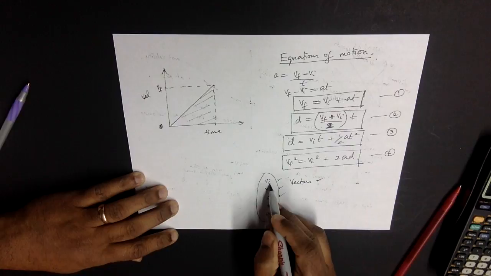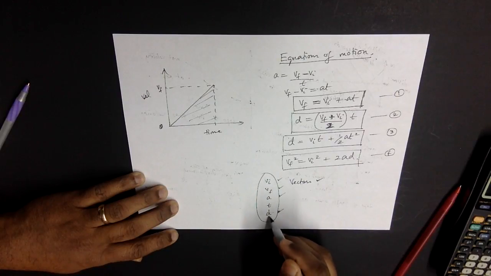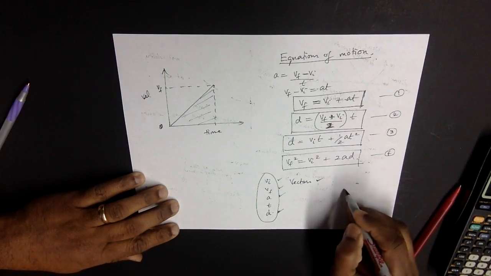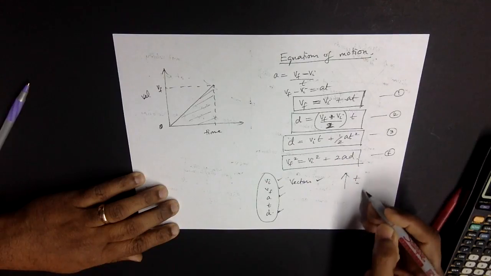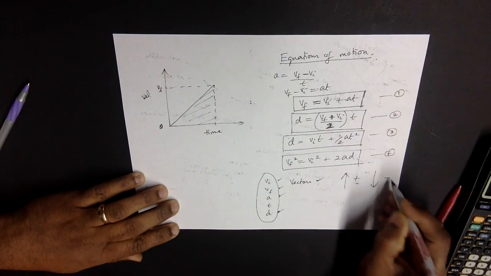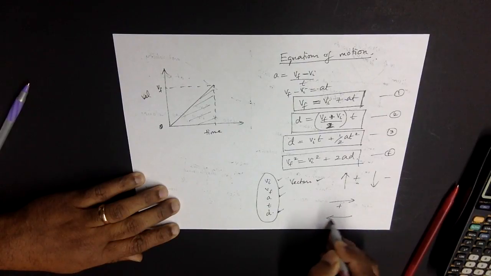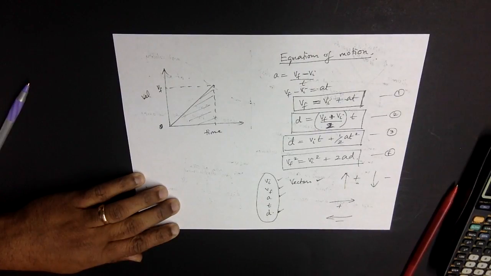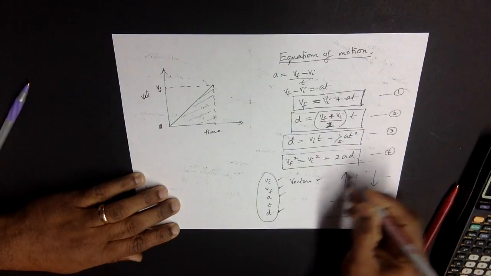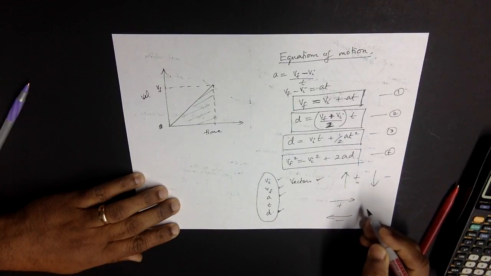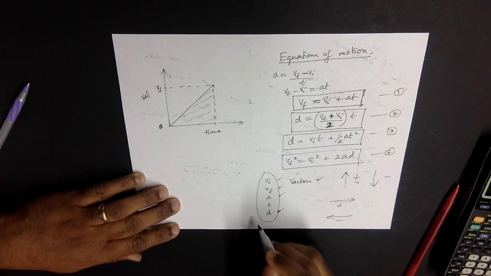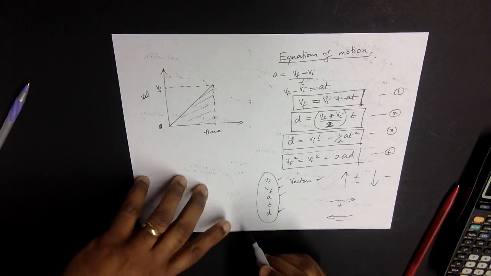So for velocities or for acceleration or for displacement, anything upward, take it positive. Anything downward, take it negative. Anything forward, take it positive. Anything backward, take it negative. You need to follow these sign conventions in order to work through a certain problem. And I'll show you how to solve problems using this.